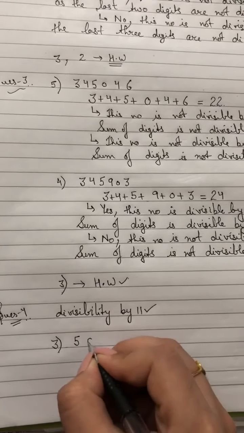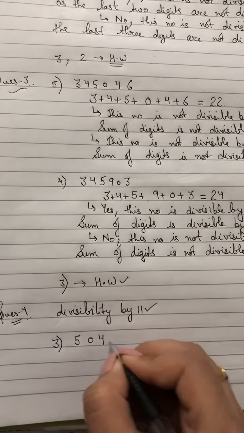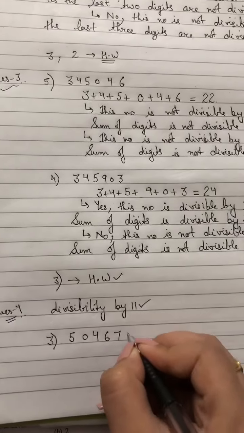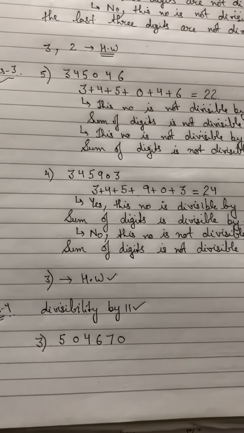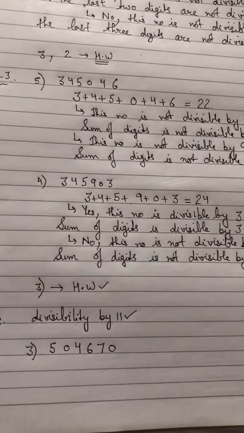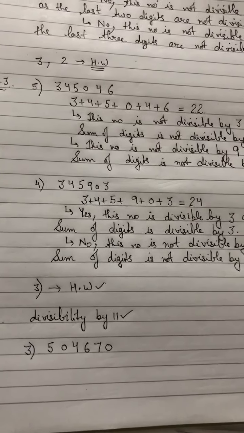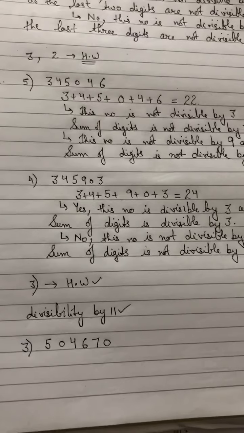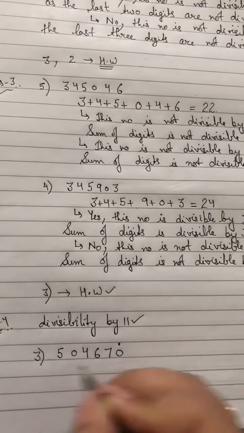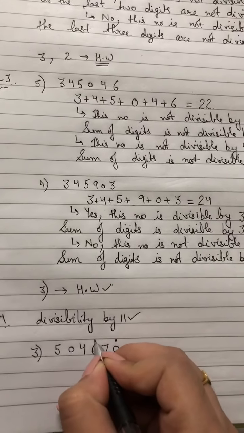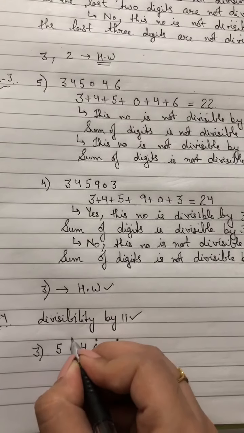5 0 4 6 7 0. Okay, so the first thing is you need to add the digits at the odd places and the digits at the even places. Take out the digits at the odd places: first, then third, then fifth digit.